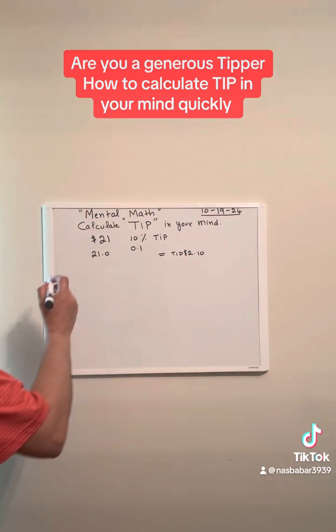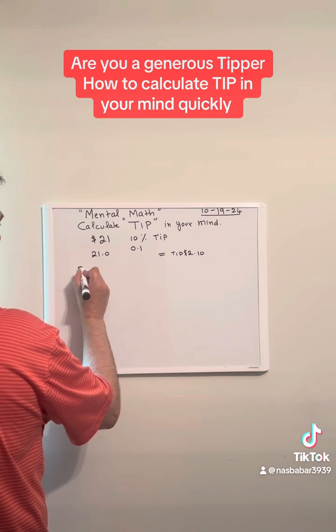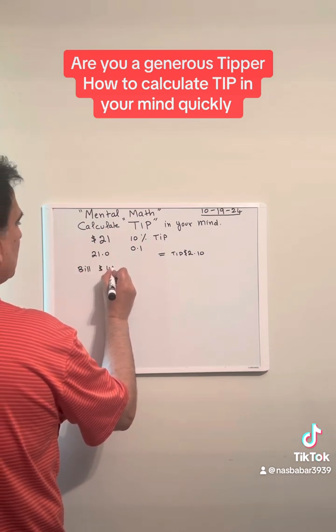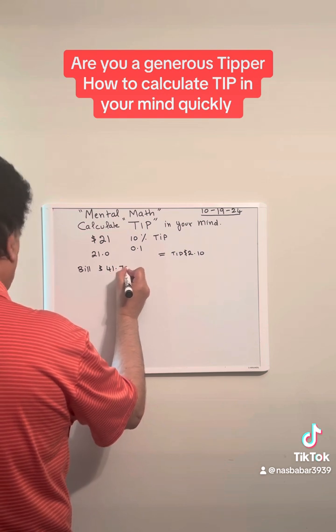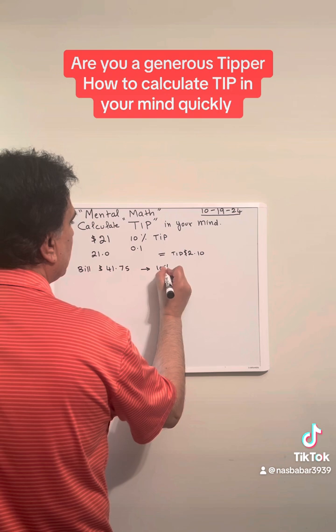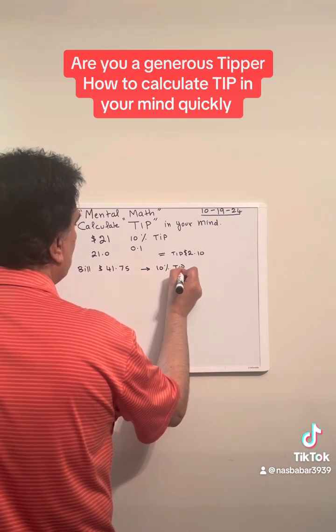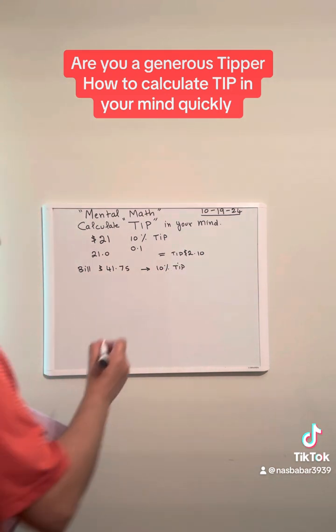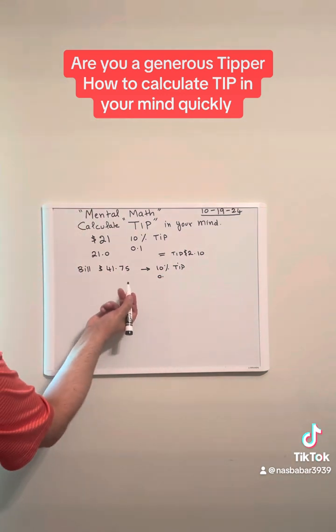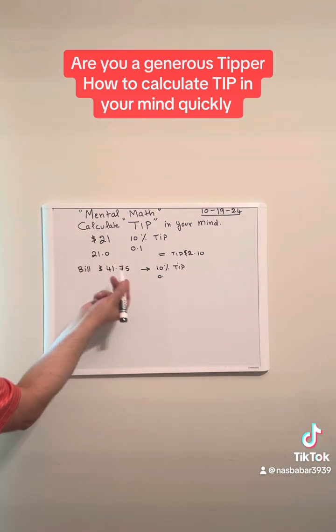Another one. Let's say you go to the restaurant and your bill is $41.75 and you're supposed to pay 10% tip. How would you do that? Same philosophy, 0.1. What you do is shift the decimal 1 to the left.